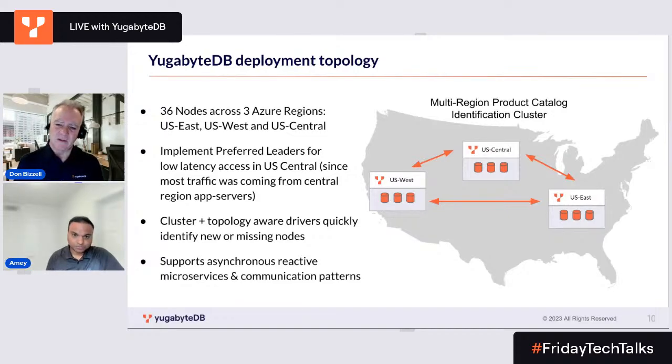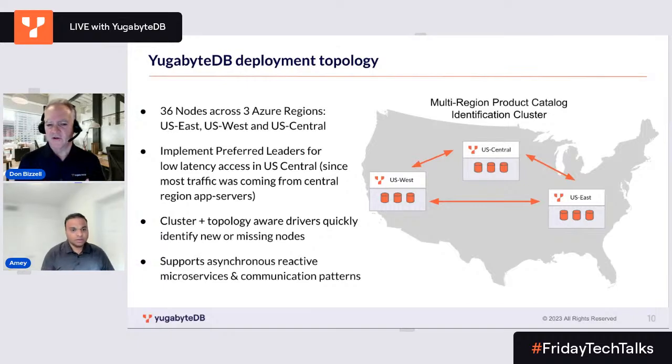And one of the reasons they can do this with the geographic distribution is they keep all of the leaders, what we call our preferred leaders, in one region, so they get that high performance through the one region, and it propagates out to the other regions appropriately.